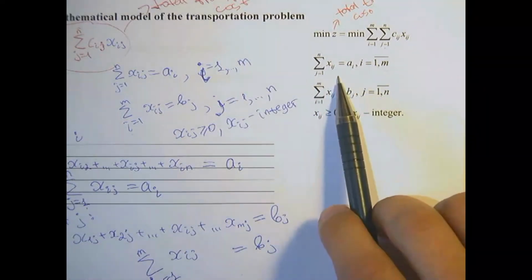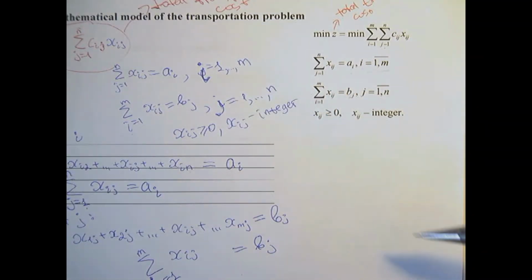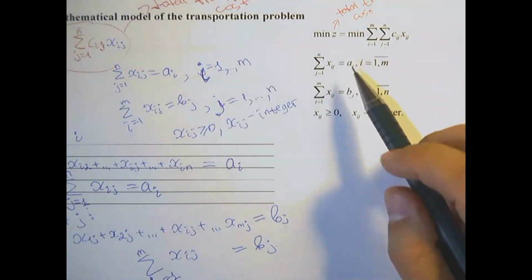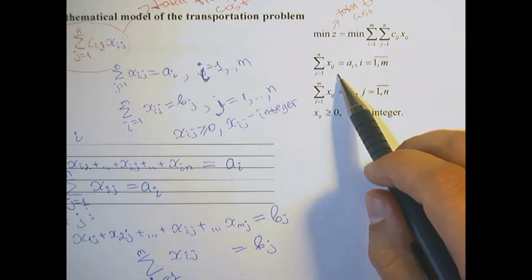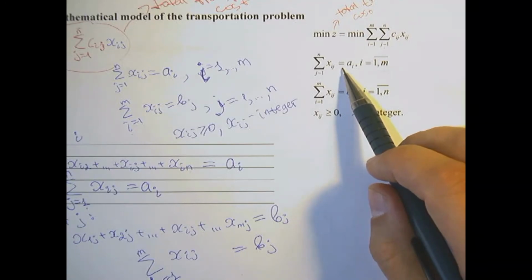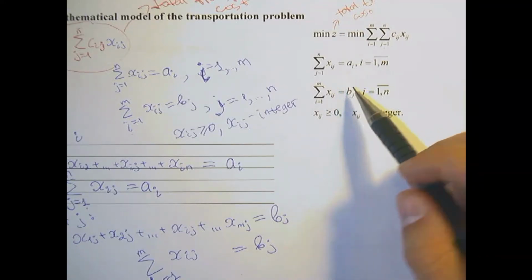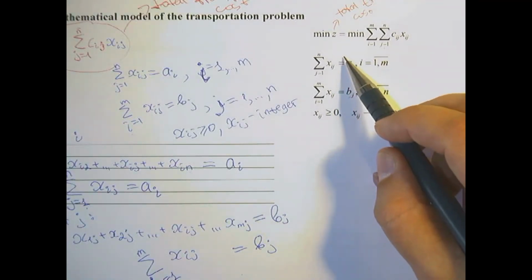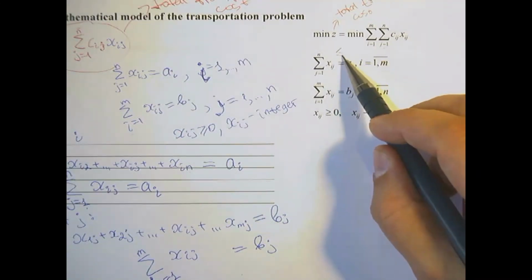So the first way to solve the unbalanced problem in the overproduction case is to change the mathematical model. For the production places, we change such equalities with inequalities, with the sign less or equal.